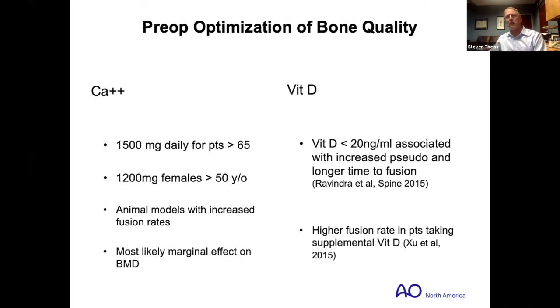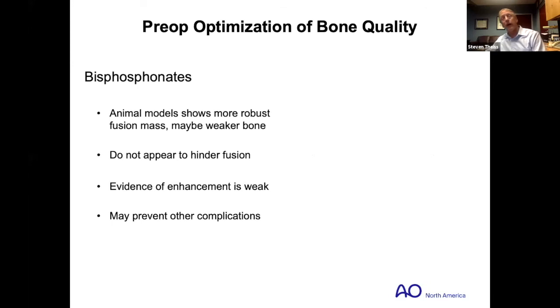The daily dietary requirement is about 1,000 international units, but in people that have vitamin D that's insufficient, so less than 10 nanograms per milliliter, I'll put them on 50,000 units of vitamin D a week for 6 weeks in an effort to raise their vitamin D up to appropriate levels. But it does make a difference because the studies are pretty clear that you need to optimize it in order to get a favorable outcome.